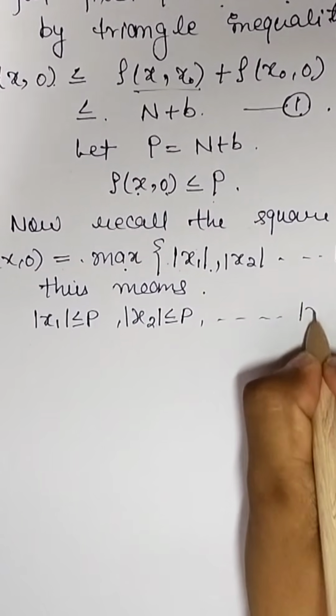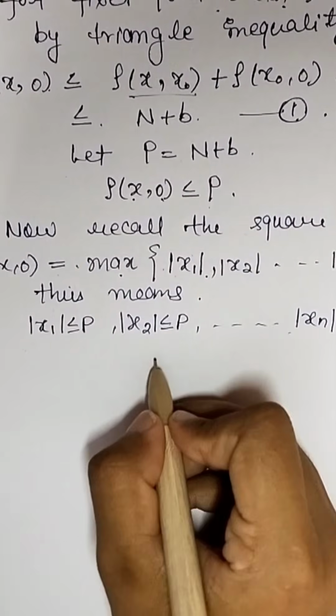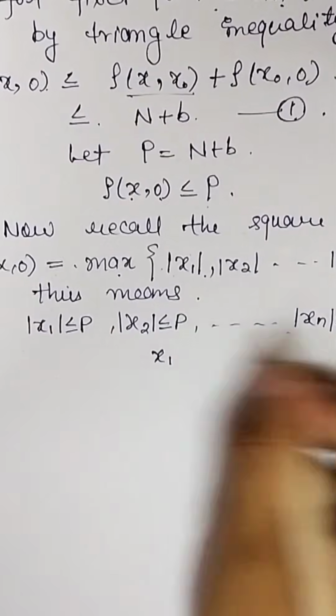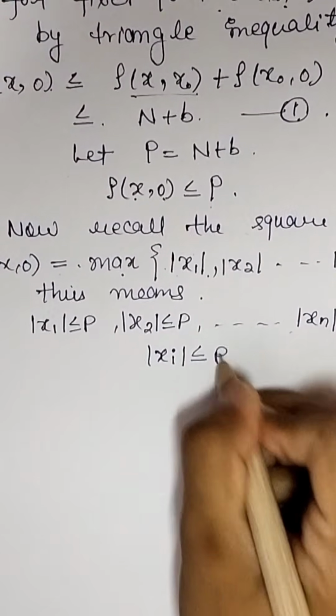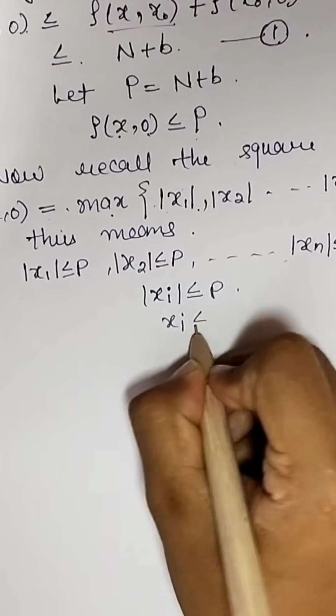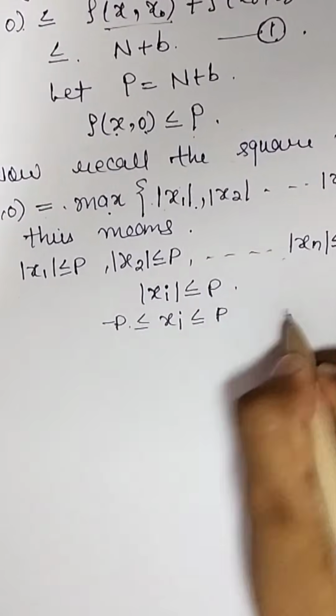Similarly, xn is less than p. So all xi are less than p, and greater than minus p, for all i.